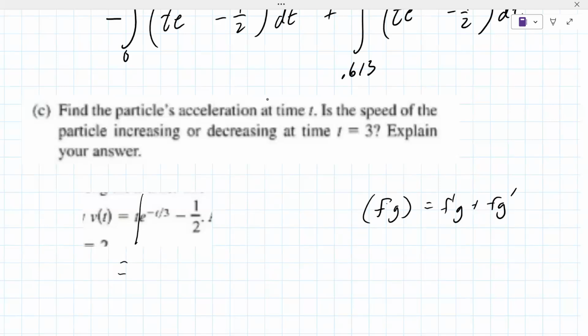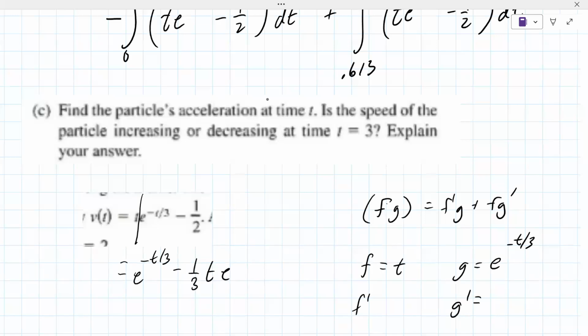So then it would be, wait, would it just be e to the negative t over 3 plus, actually minus 1/3 t e to the negative t over 3?